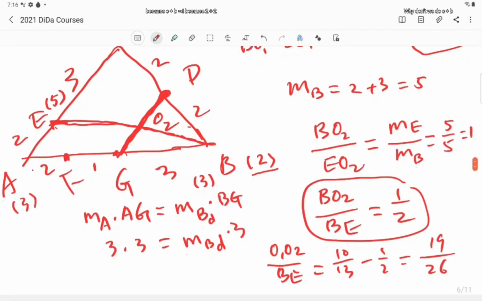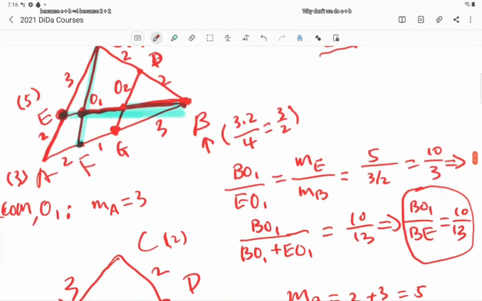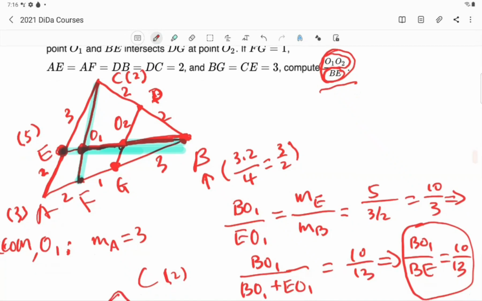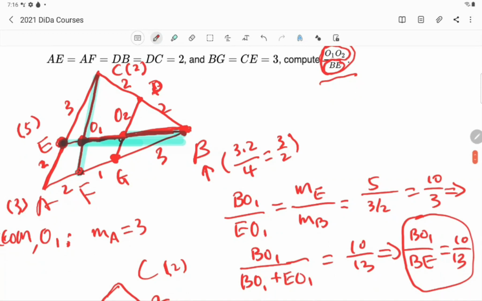So again, there are two things to note here. One, because now there is more than one choice for the center of mass, O1 and O2, you need to do them one at a time. And when you do each one, you only want to use the intermediate points associated with that center of mass.